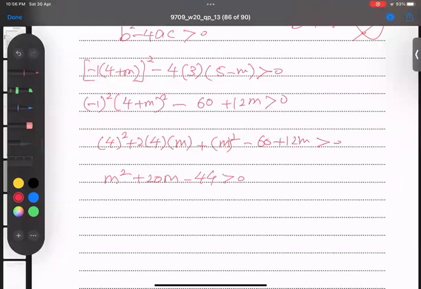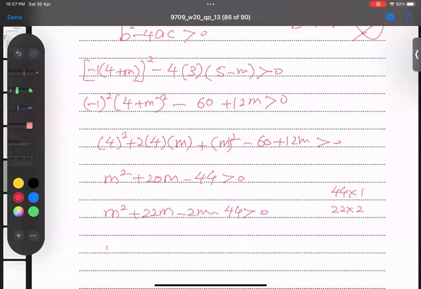Now I have to solve it, either by factorization or the quadratic formula. 44: 1 ones are 44, and I have many possible ways. 41s are 44. 22 into 2, if you multiply, you get 44. So it means m to the power 2 plus 22m minus 2m minus 44 bigger than 0.